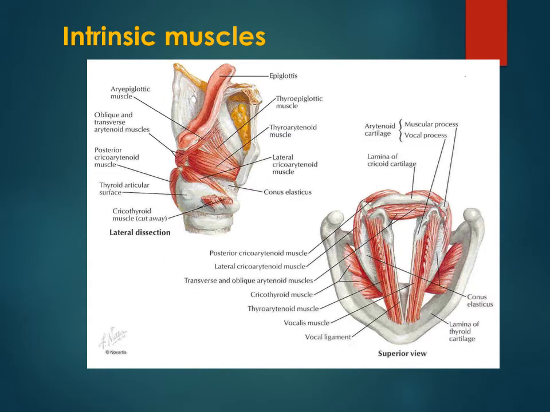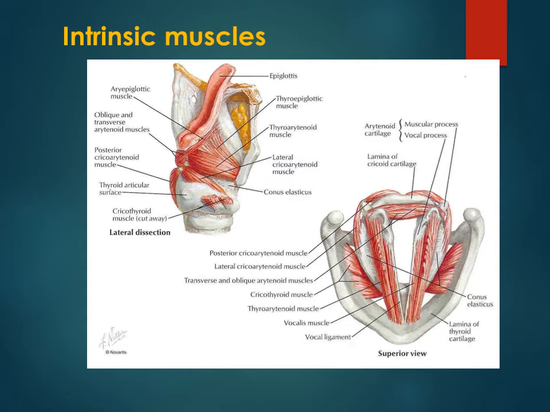So this is the thyroarytenoid muscle, connecting the thyroid cartilage to the arytenoid cartilage, and the cricoarytenoid muscle, which has a posterior group and a lateral group, and this is the cricothyroid muscle, which is cut in this section, and also this is the arytenoid, and this is the epiglottis, so this is an epiglottic muscle.